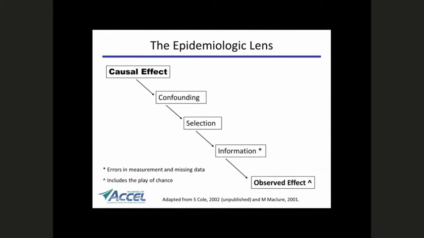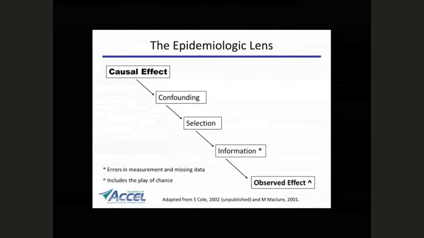But it's really difficult to see that effect with my one study, just like it's difficult to see planets that are very far away with my naked eye, but I can build a telescope that helps me see that planet. So I can build an epidemiologic telescope that helps me look at that causal effect from the observed data that I see. And I build that through three lenses.